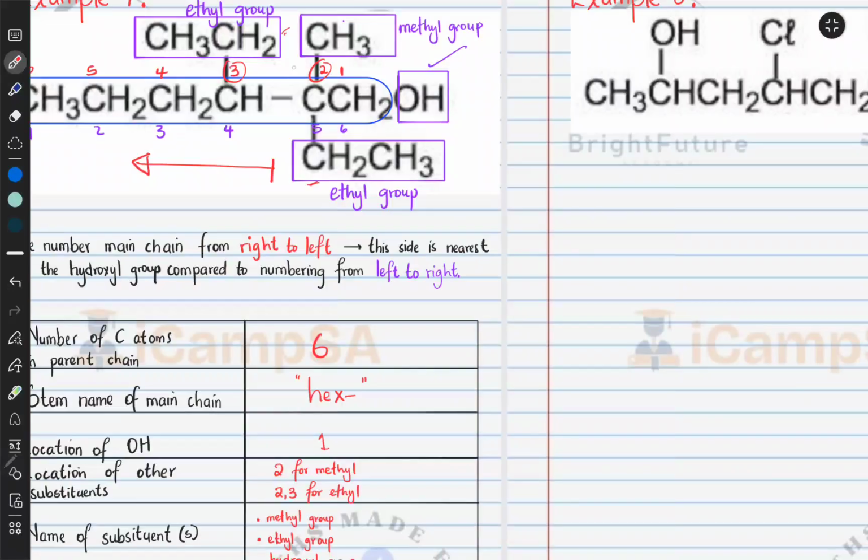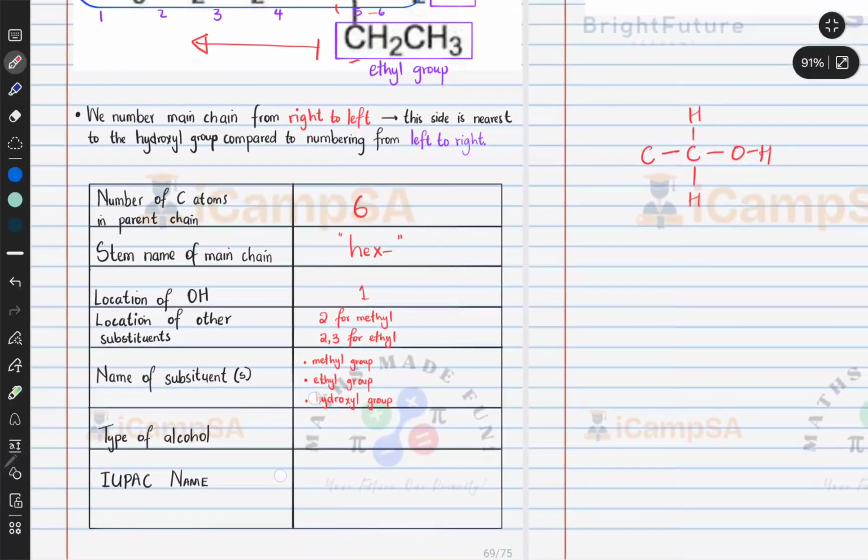So if we check just this part, there's that carbon atom there, then there's this carbon atom, and then you get your hydroxyl group being attached there, right? These are the last two carbon atoms in my chain, or the first two, because I'm numbering from right to left, right? So if you check, this carbon atom is only attached to that carbon atom and no other carbon atom. As a result, this would have to be a primary alcohol.